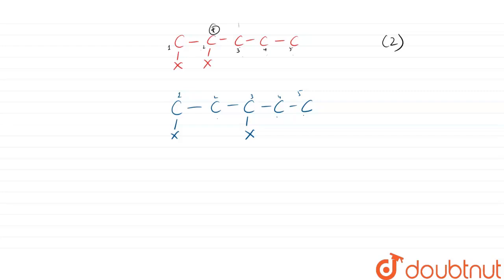So one is this structure, and the other one can be carbon, carbon, carbon and carbon. I am attaching it at second position, leaving one carbon and then attaching it at fourth position. If I start numbering from here, the halogen atoms will be at second and fourth position, or if I start numbering from the left hand side, then also the halogen atoms are on second and fourth position. So one structure is this.